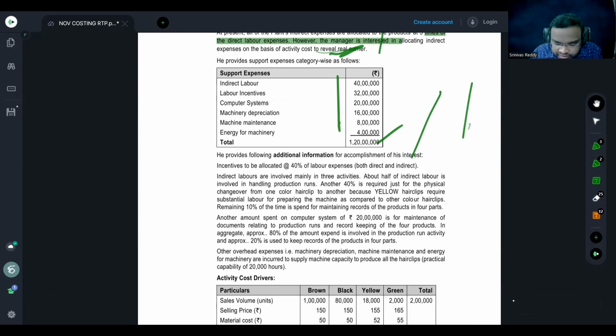Indirect labor is involved mainly in three activities. About half of indirect labor is involved in handling production runs. So half of indirect labor, how much amount? 40 lakhs into 50%, so 20 lakhs.